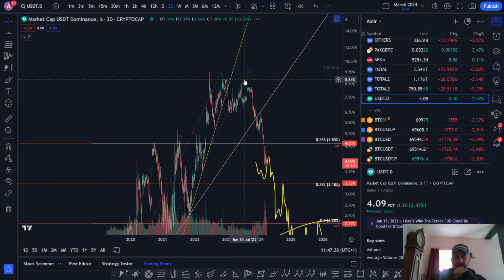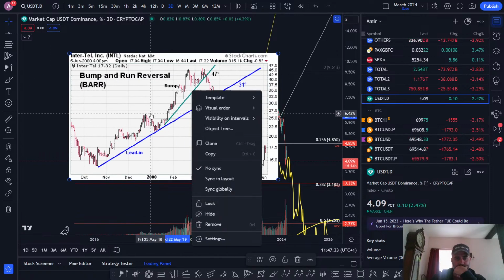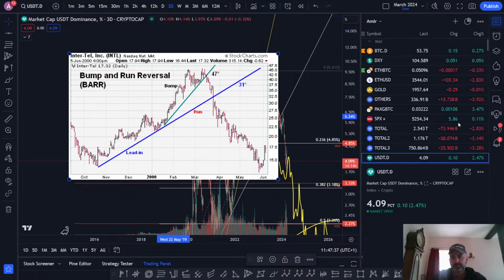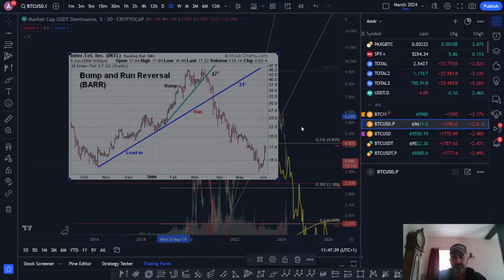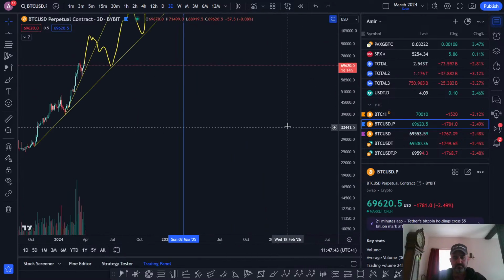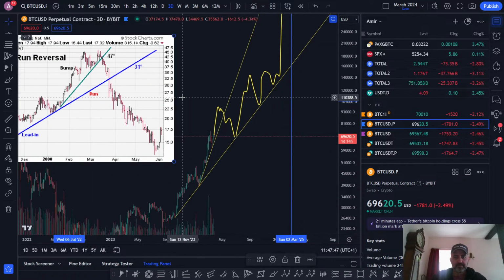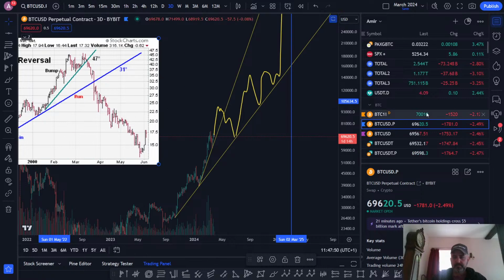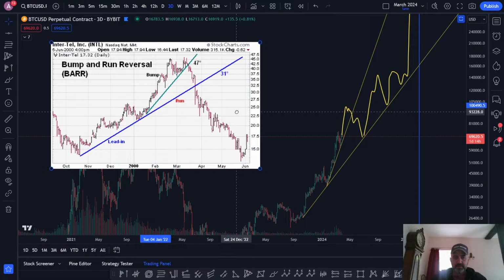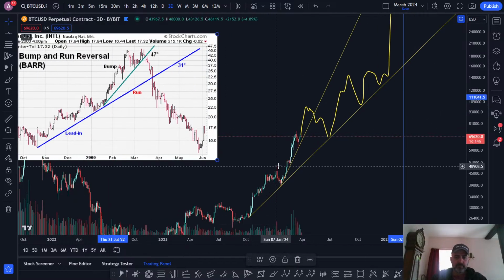So let me just get the image. That's the image here. Let me bring it to Bitcoin. Something like that. Okay, so you have your lead-in, which is here.